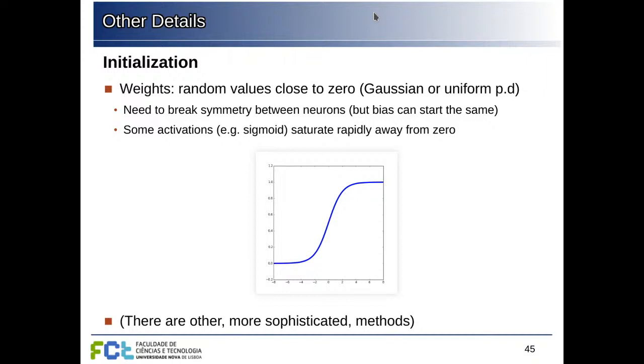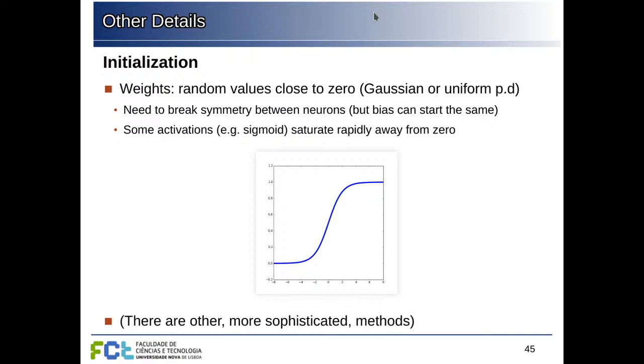If the neurons have exactly the same weights and the same bias at the same layer, then for any example they will always have the same derivatives. And this means that they will always be exactly the same, and you'll just have two cloned neurons, or a set of cloned neurons that are always changing in step, and they are not doing anything useful because they are all equal. So we need to break these symmetries.